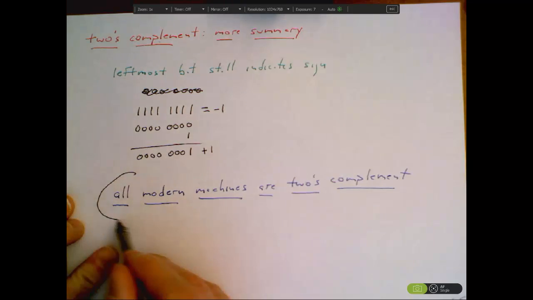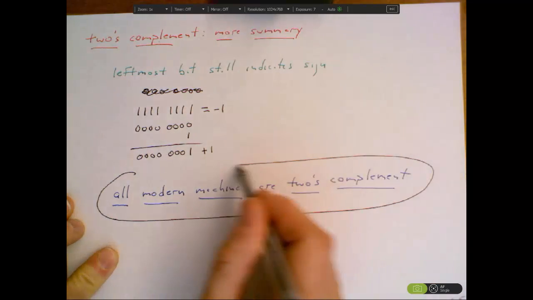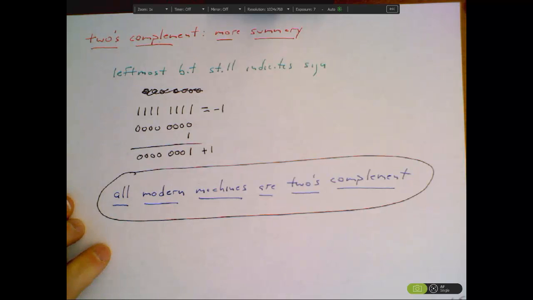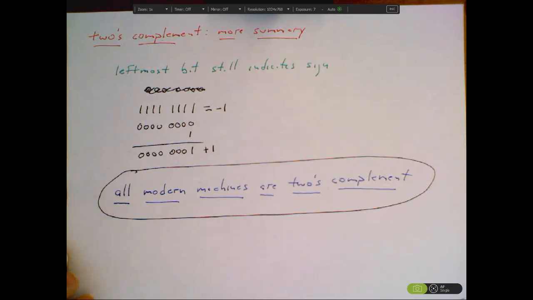Bottom line is that all modern machines are 2's complement. I guess in the end people were willing to have a more complicated negate at the benefit of having a very easy to implement addition, and they were willing to trade an extra negative number to solve the problem of having two bit patterns for the value 0.